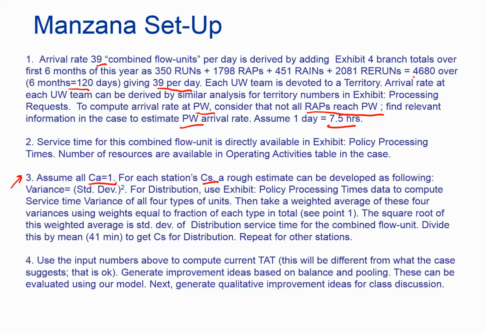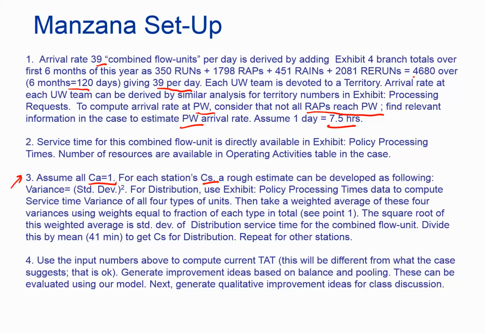And then I'm proposing here a simple scheme to combine all these standard deviation numbers, because the exhibit gives standard deviation numbers for each type, while we are looking for a standard deviation number across all 4 types for our typical or average unit.